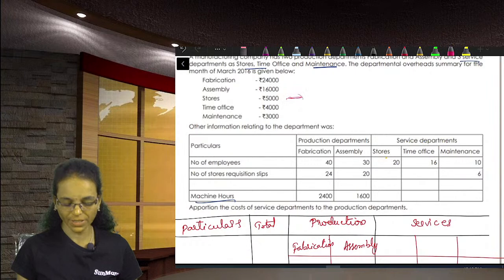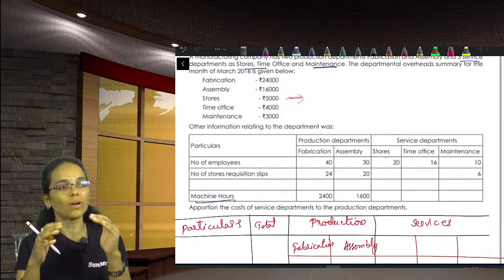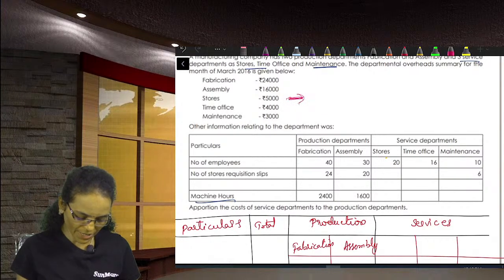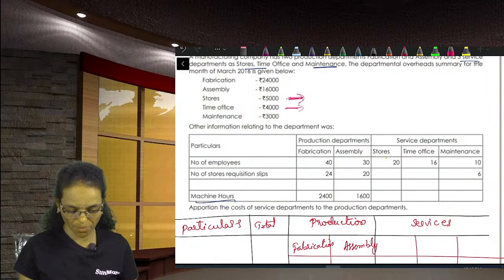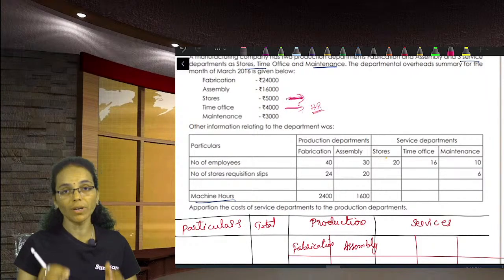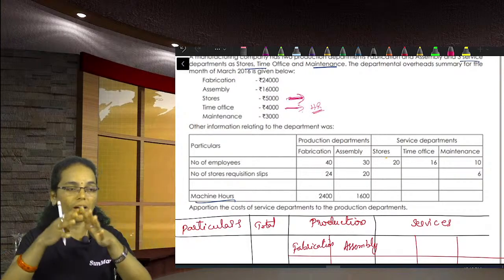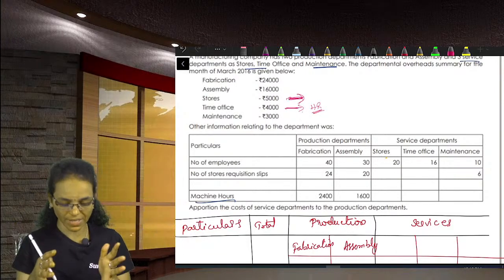Stores department in the sense of what? This is for the stock related one. And time office in the sense of what? Number of employees, like the HR department. The HR department will give its services to all the departments in the organization, or in the industry, I can say.